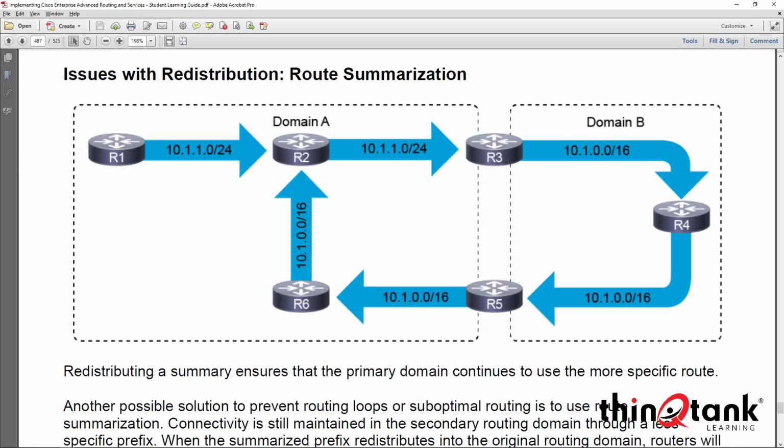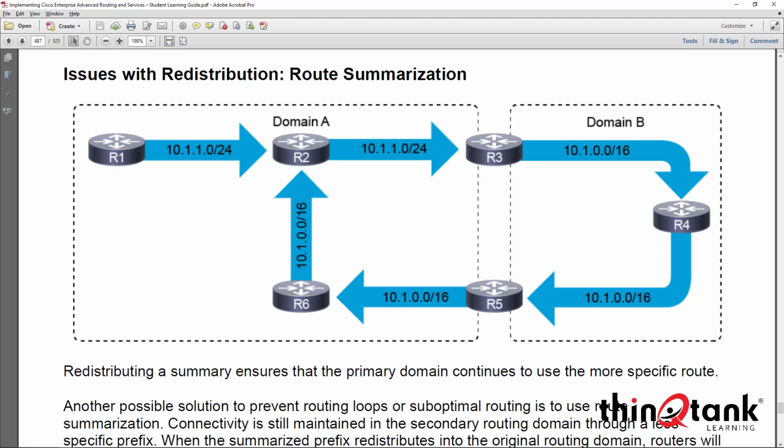We still have connectivity, so the primary routes are still going to be used because they have a longer prefix match. And if those individual primary routes fail, the summary route is still being advertised.